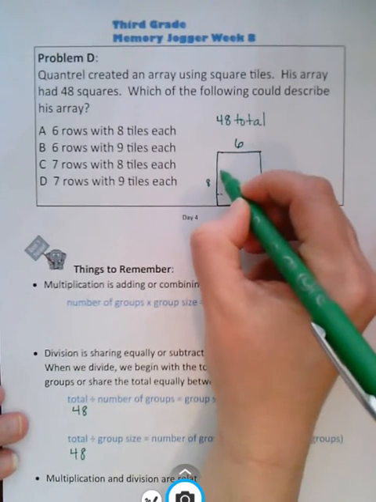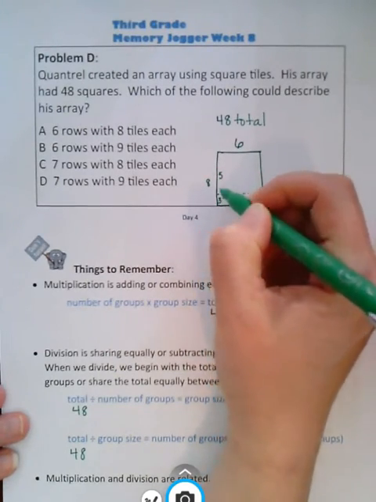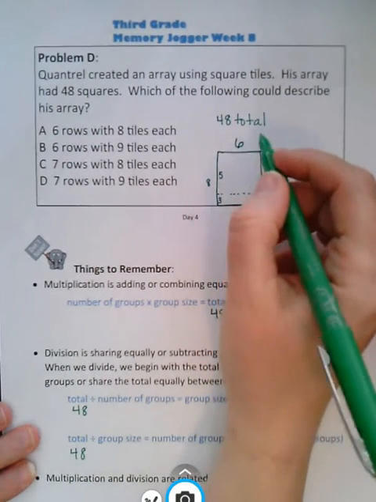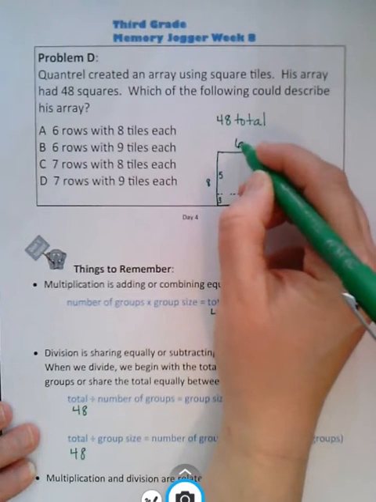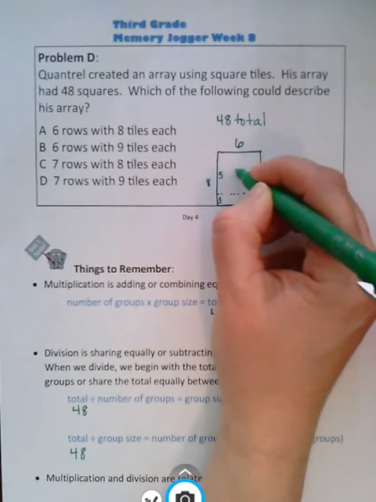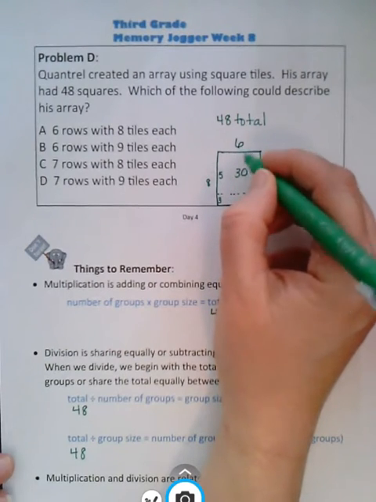So there's another shortcut you could do, because you know that 8 rows would be made up of 5 rows and 3 rows. You can break that into the number of rows. And 5 times 6 would be a lot easier to figure out. So you could count by 5s if you weren't sure what that was, 5, 10, 15, 20, 25, 30. But you may already know 6 times 5.